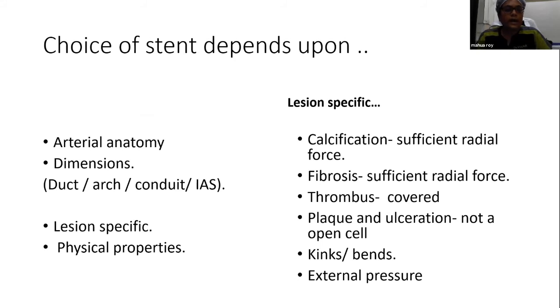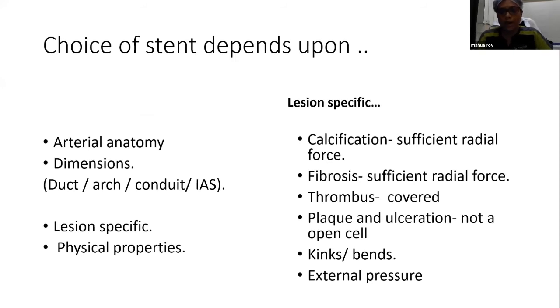Then how to choose our own stent? We can understand the arterial anatomy, and the dimension is very important. We cannot choose the same stent for coarctation of aorta in an adult or adolescent, and the same stent cannot be used in neonates with ductal stenting. But what does it mean by lesion specific or physical properties? Lesion specific means if we are dealing with a highly calcified or fibrous structure, then we have to think of a stent with high radial strength.